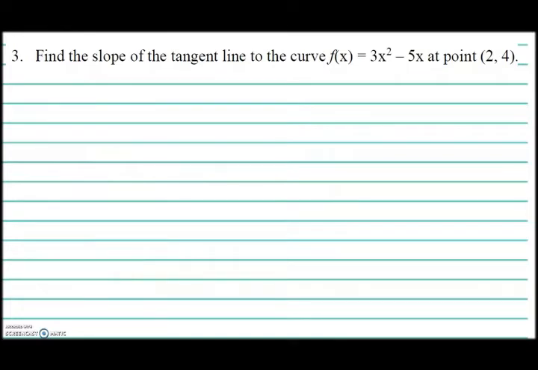Find the slope of the tangent line to the curve f of x equals 3x squared minus 5x at point (2, 4). So we have here the slope is equal to the limit of the difference quotient.